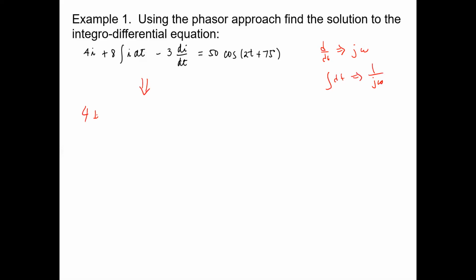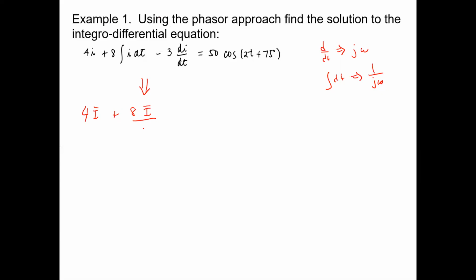I go plus 2 for I. In the phasor domain, that's going to be I bar, and then the integral of 8I dt is going to be 8 times the phasor I divided by j omega. Where's the j2?